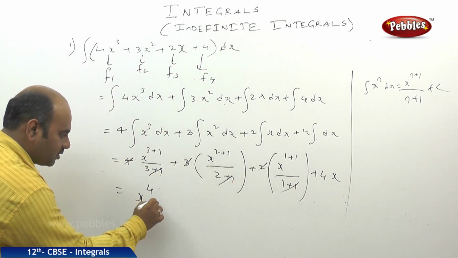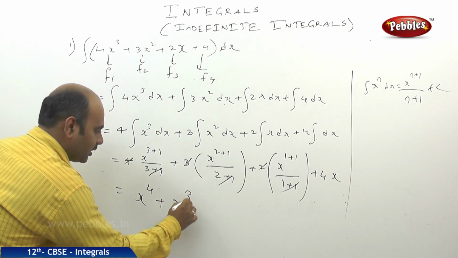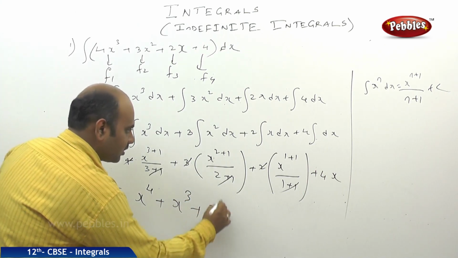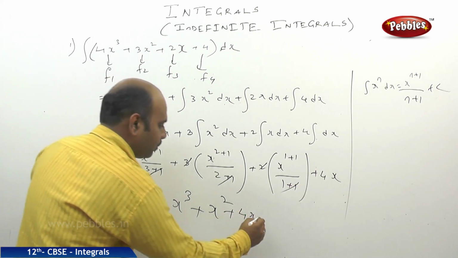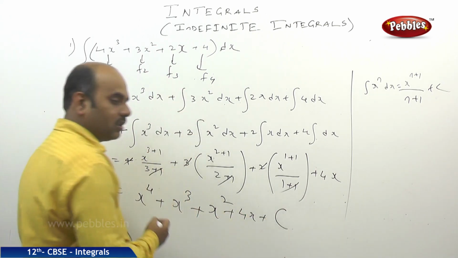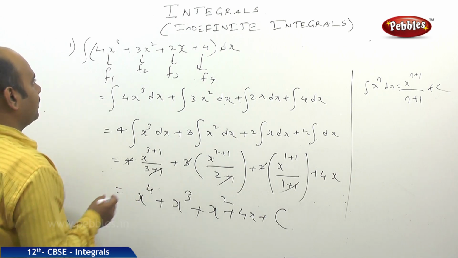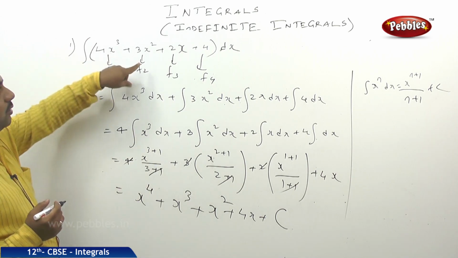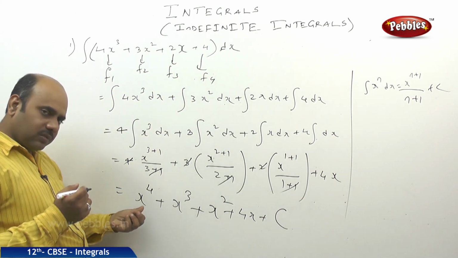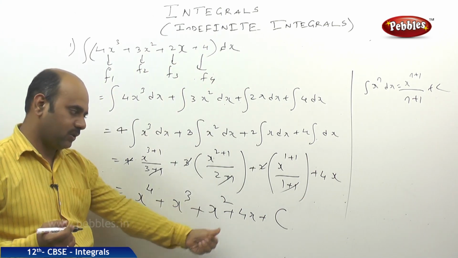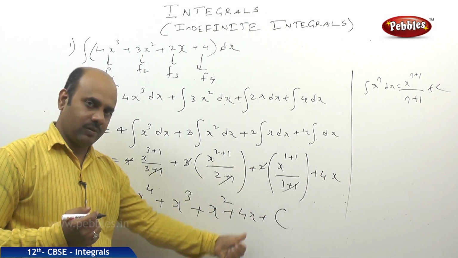Finally, there remains x power 4 plus x cube plus x square plus 4x, and I'll be putting on the whole as one big C. So finally what happened? Integral of 4x cube plus 3x square plus 2x plus 4 is nothing but x power 4 plus x cube plus x square plus 4x plus c.